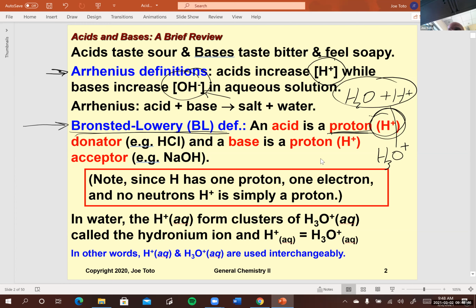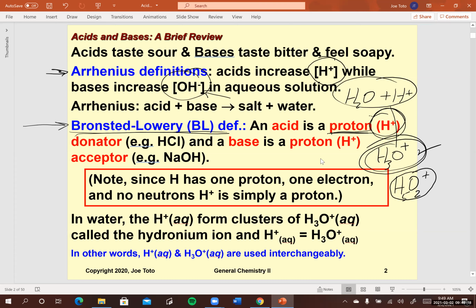And then there's other oligomers too, like this one, and so forth. So that's just one more water. But these are not as abundant as the most abundant form of H plus, which is H3O plus. So we usually just stop here and say a proton really exists in aqueous solution as H3O plus. So you'll see it written either way. So you'll have to look out for that.